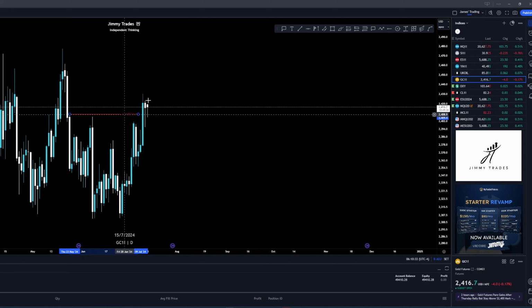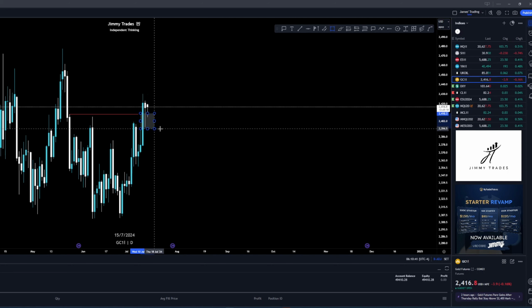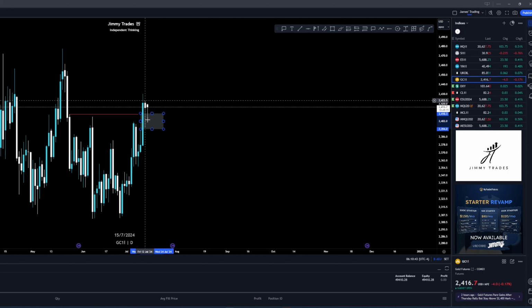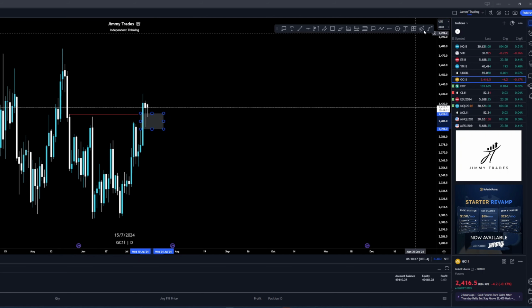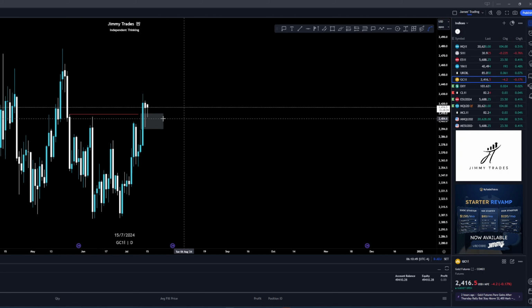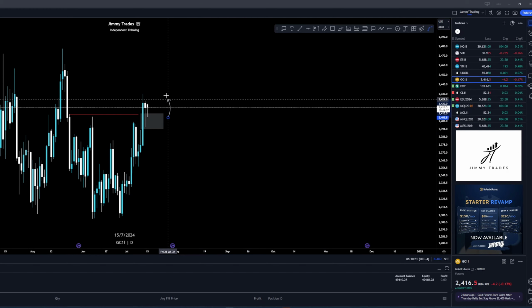So we swept that, and then as anticipated on Friday, at the time this region was left open and price pushed back down into internal. So now I'm looking at price to move back to this high.